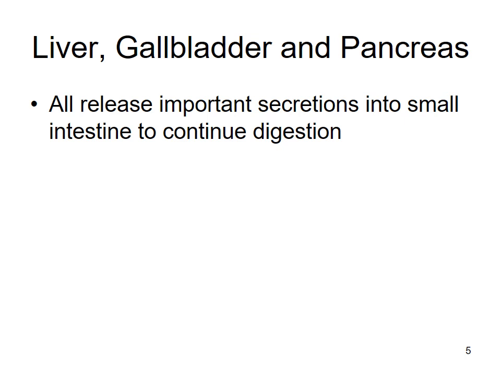Some of these accessory organs are your liver, your gallbladder, and your pancreas. So I want to take a few seconds to go over these three items, and talk about what they actually produce and how it enters into your GI tract.